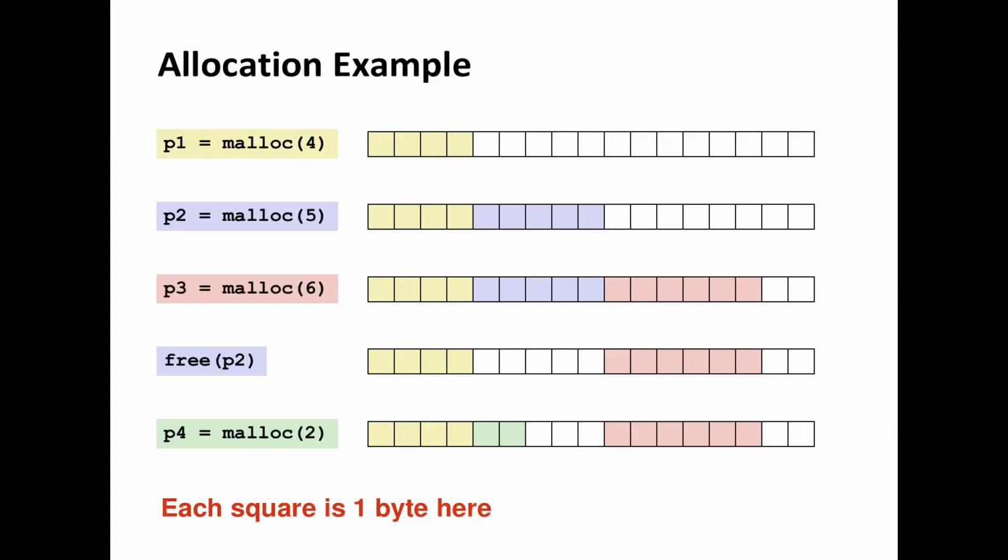So let's compare that with another possibility. Let's say we had this last line P4 malloc 2, and we allocated these 2 bytes in the middle block, right? So what if we did something different and allocated the 2 bytes at the very end? At that point, we would still have 5 bytes available for the following requests.